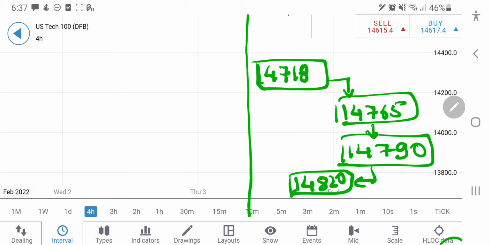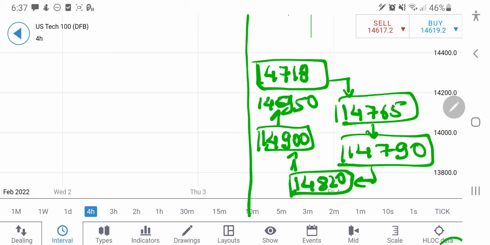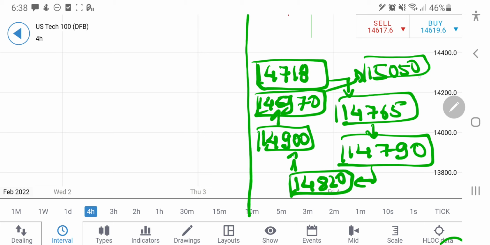Now if it breaks 14820 zone, definitely it will try to hit 14900 and 14970. Once it breaks past 14970, next target is 15050 and 15100.